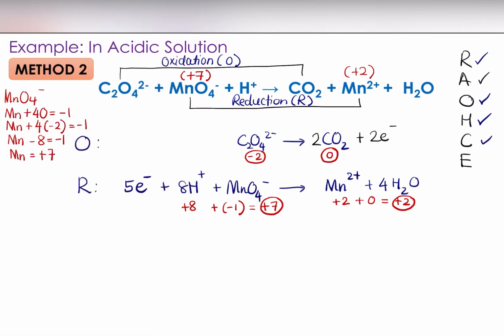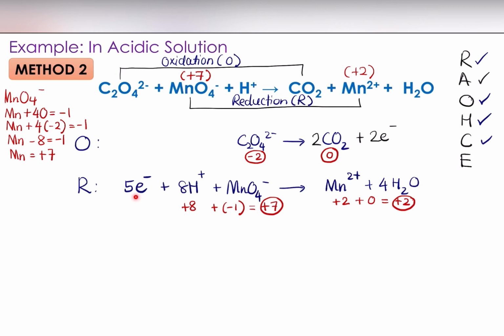Next one, for the last step, we have electrons, where the electrons must be the same for both sides. I must make sure the value is the same so I can cancel. So as you can see here, for oxidation the number of electrons is 2. For reduction the number of electrons is 5.